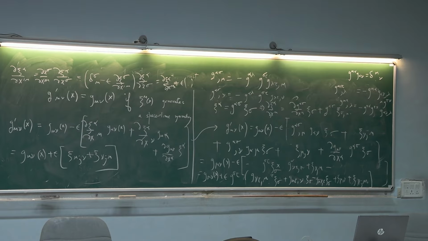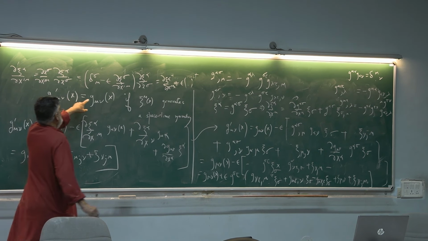So we have got the result that in general, you do an infinitesimal coordinate transformation, g prime mu nu as a function is g mu nu as that function plus this. But I don't want a symmetry. Symmetry means g prime mu nu of x must be g mu nu of x.